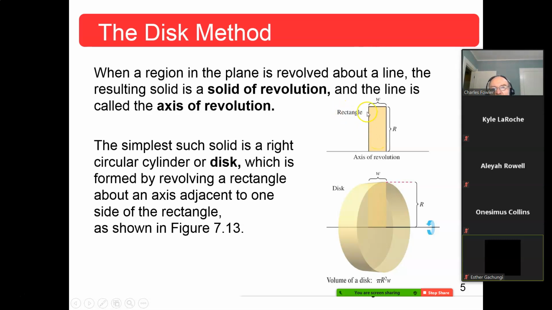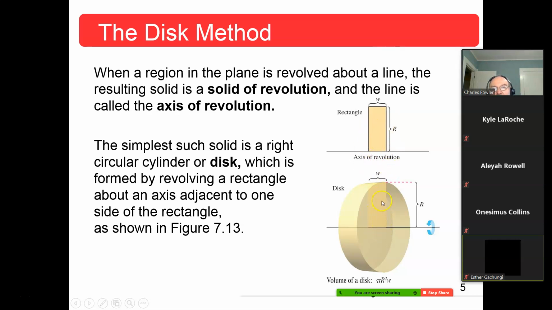And what we're going to do with this little rectangle is revolve it around this axis of revolution. That could be the x-axis, it could be the line y equals 17, or negative pi thirds, or anything like that. It's some axis of revolution. We're going to revolve this around the axis.